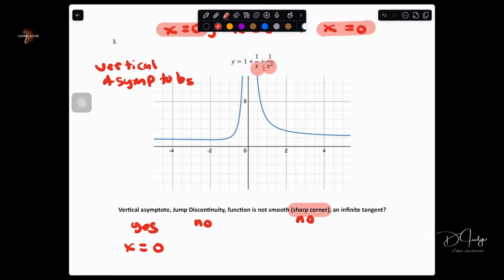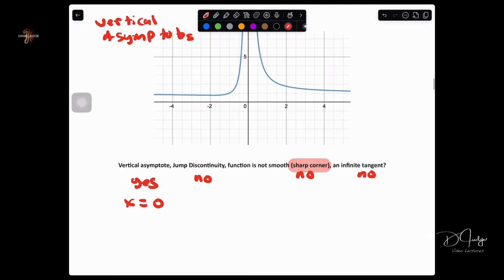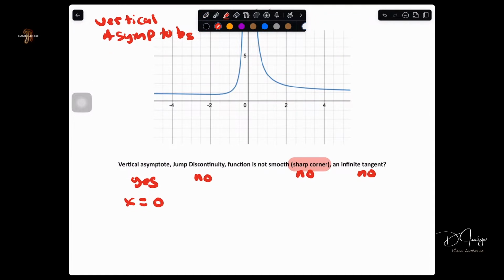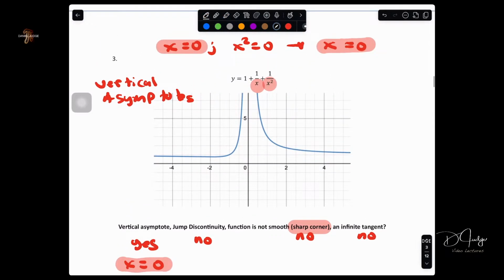The function is nice and smooth. And there is no locations on the curve that have what we call a vertical tangent. The curve is not vertical anywhere. It only has a vertical asymptote at x is 0. So if you said, where is it not differentiable? At x is 0.